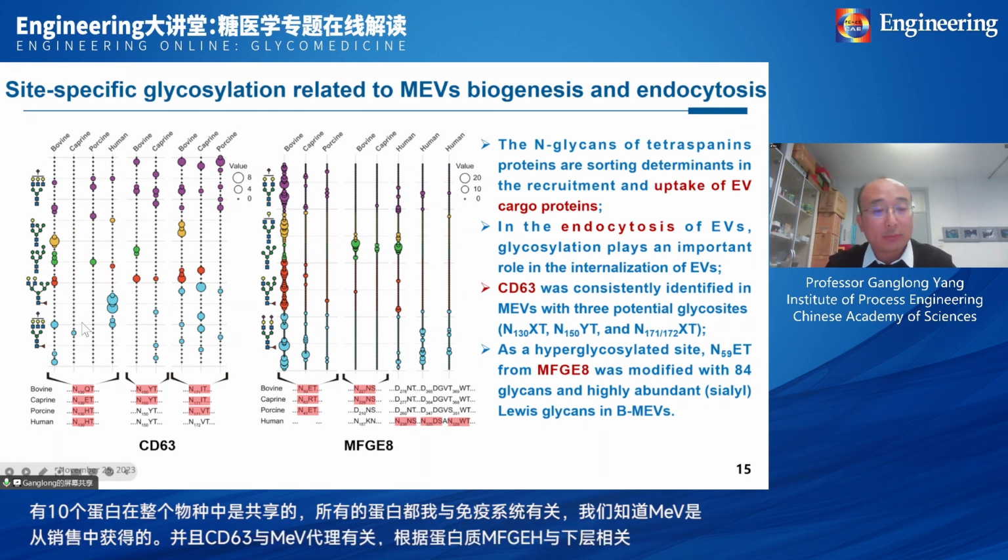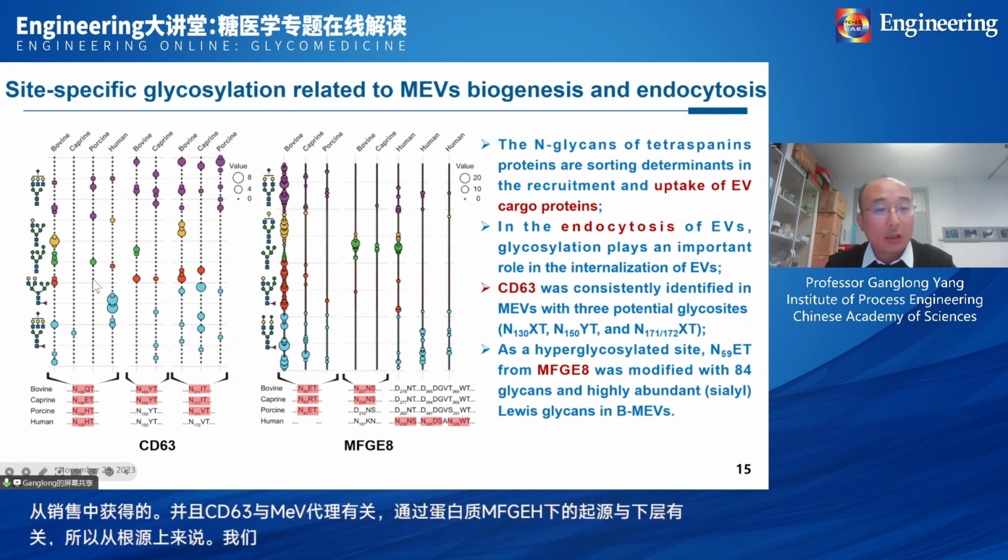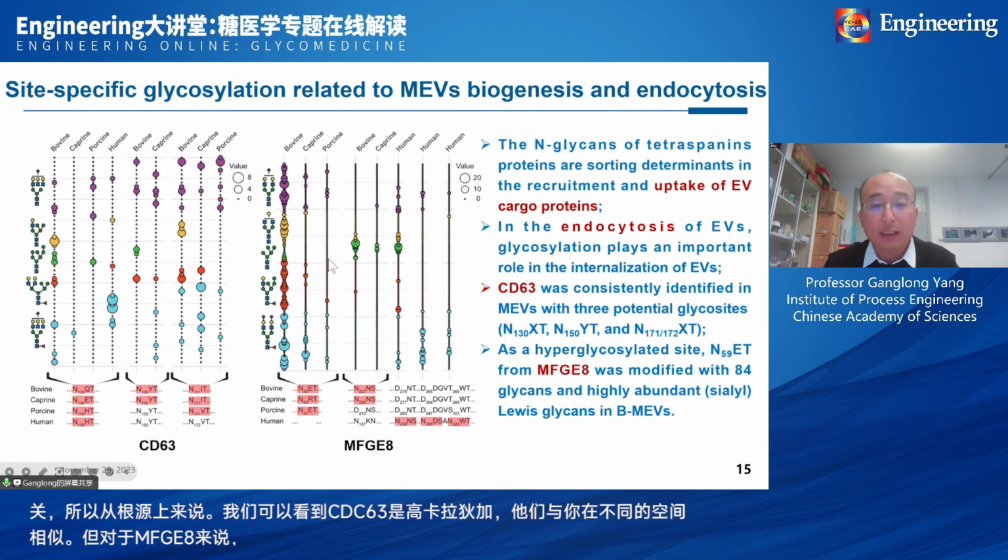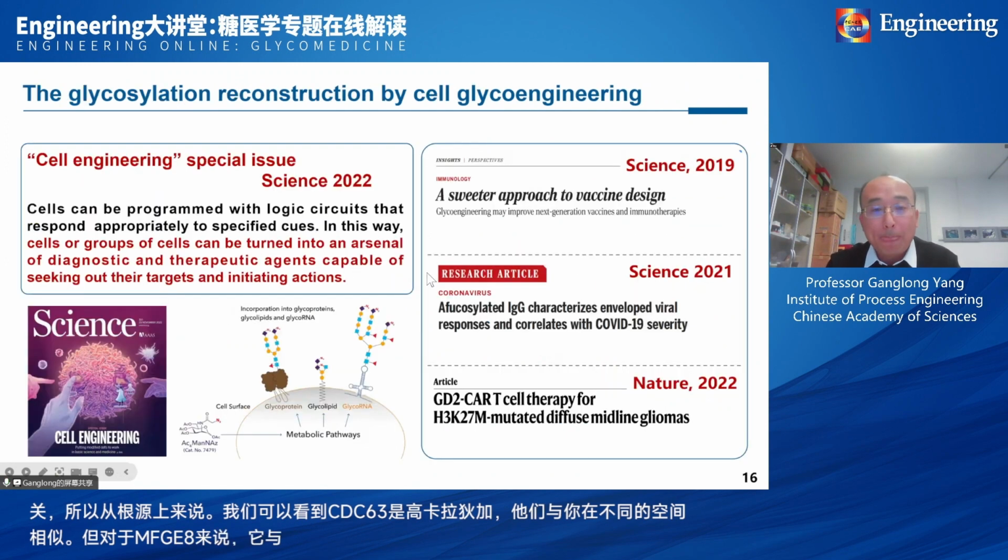So from the results, we can see CD63 was highly glycosylated, and they are similar across the different species. But for MFGE8, it's very different in different species and different glycosides.